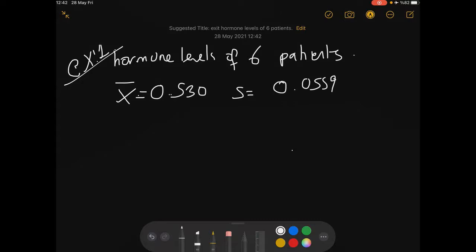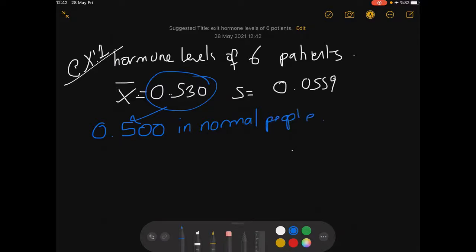Now, we know from previous scientific studies that the value is 0.500 in normal people, or normal people who are not sick with a particular disease, for example. So for that particular disease, does this mean this increased hormone level addresses those sick people?